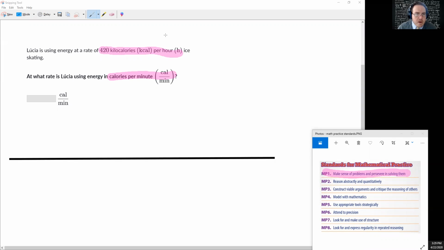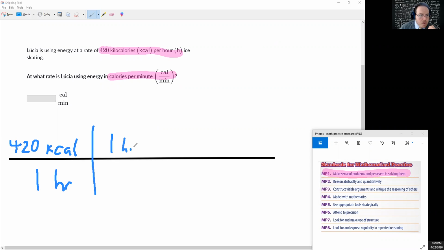Second step, I'm going to write down what I know. 420 kilocalories for every 1 hour. Well, the time part's really easy because 1 hour is equal to 60 minutes.